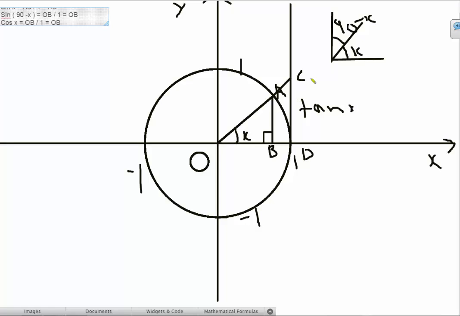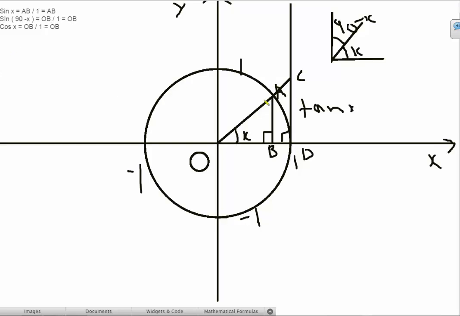It's not defined as sine x over cos x, it's just defined as tan x. And if it were defined as sine x over cos x, why call it tan x in the first place, right? So now we're going to say that, oh hey, look, this angle is 90, this angle is the same for both of them, therefore these two must also be the same. And therefore triangles OAB and OCD are similar.